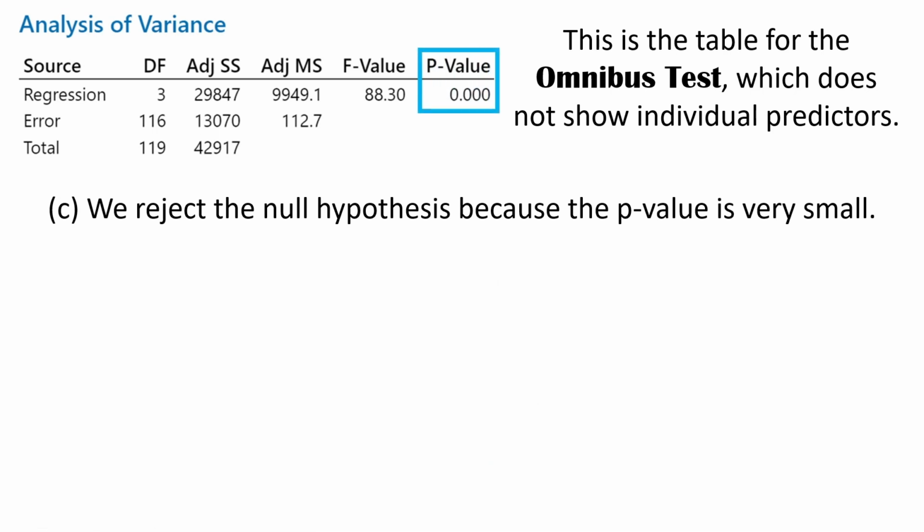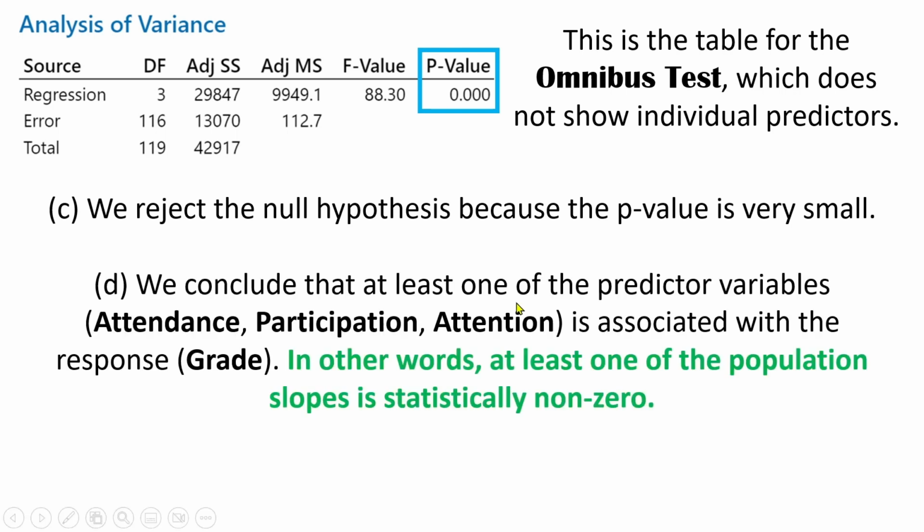So if you're conducting your test at, say, the 1% level of significance, the p-value is less than 1%, so we can safely reject the null hypothesis. And so that means we can conclude that at least one of the predictor variables is associated with the response. In other words, at least one of the population slopes is statistically non-zero.